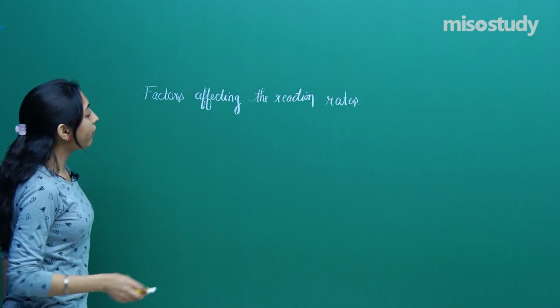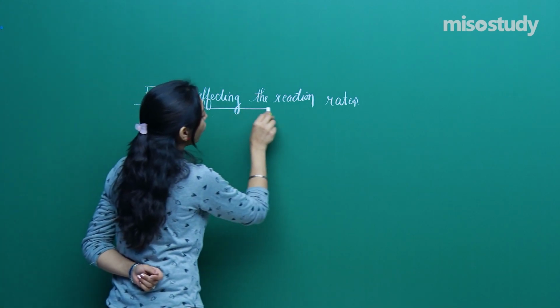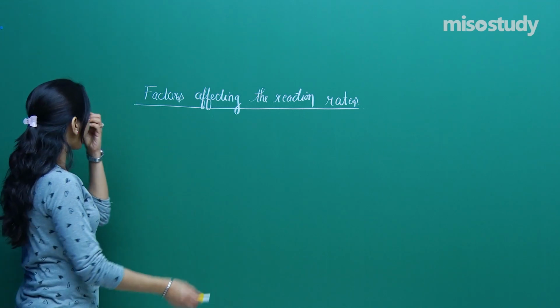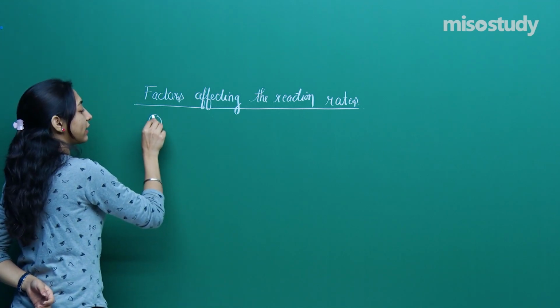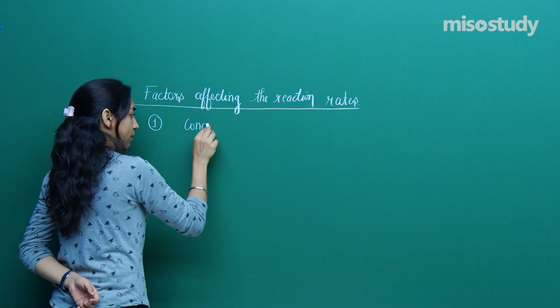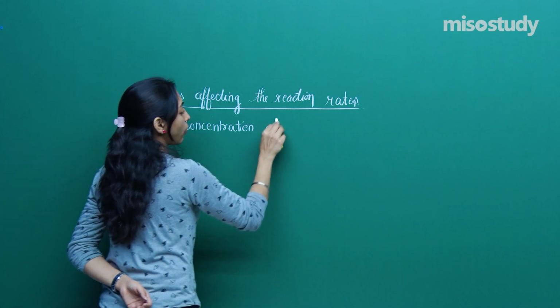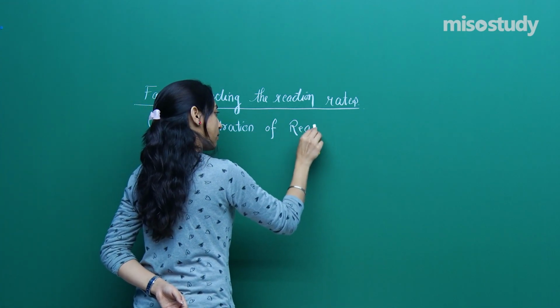When we were having a complete discussion about the different factors which affect the rate of reaction, the first factor that we had taken into consideration was the concentration of reactants.